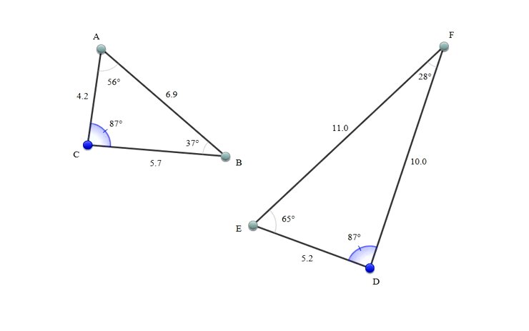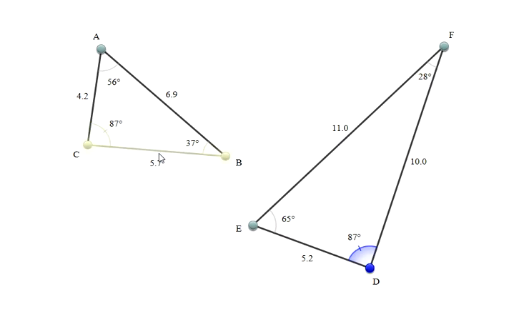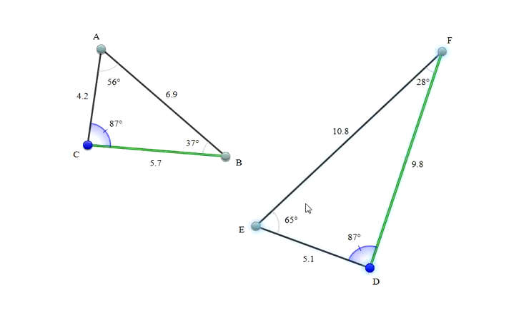The next thing that I'm going to try and incorporate is two of the sides. It says sides IJ, that's along the bottom, and FG over here are 13 long. So let's link those two sides. To link it, I'm just going to click this and drag this link over to here. Now you can see neither one of them is 13.